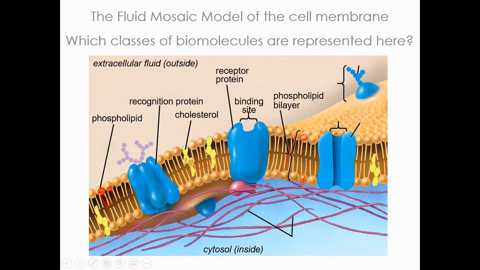Okay, because it's a receptor, we have a binding site, and then we have a transport protein. As you see, we have pores, this is for transport, and then we have a glycoprotein. So as you can see, we have proteins, lipids, and carbohydrates present on the cell membrane. Diba?